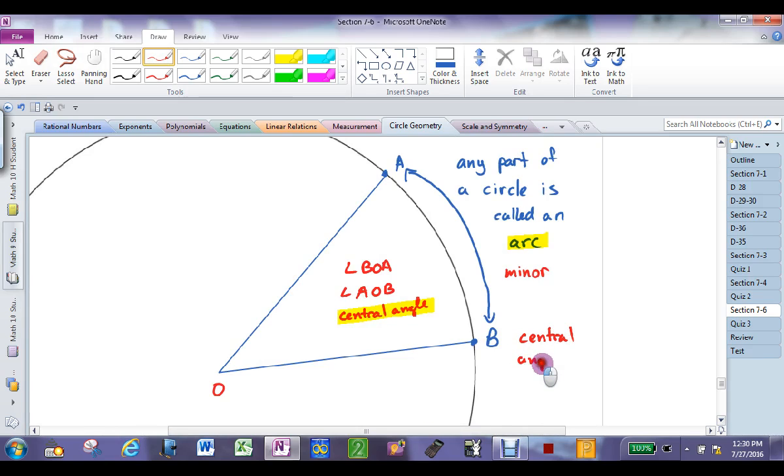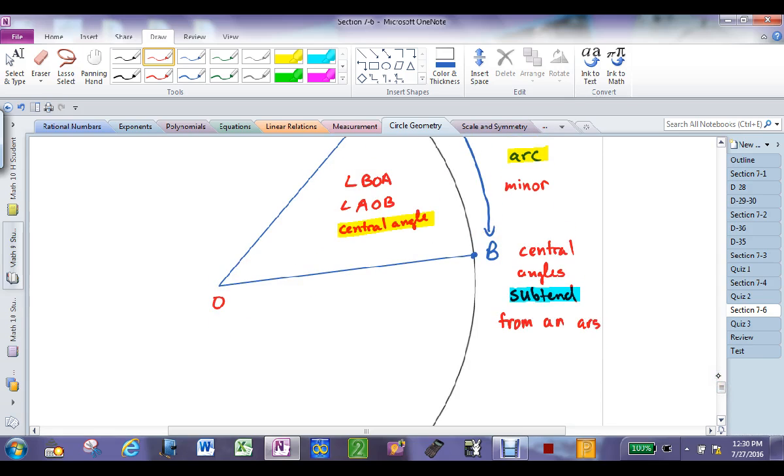Central angles subtend, that's a new math word, subtend one from an arc, not an arse, from an arc to the middle. Subtend means they start at that arc and go to the middle.